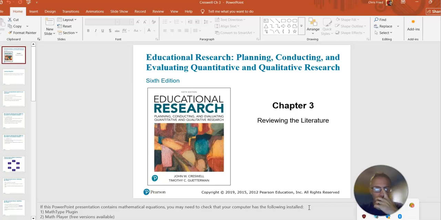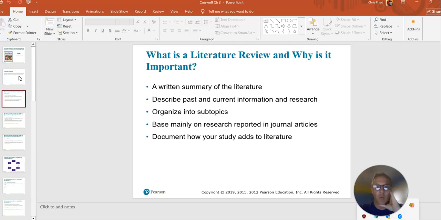Okay, chapter 3 we'll touch base on briefly. It starts to talk to you about reviewing the literature. An important piece of what we'll be working on this semester, both in this class, 525, and also in your research writing class.